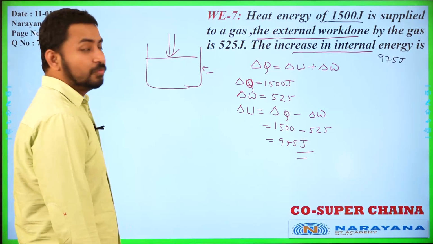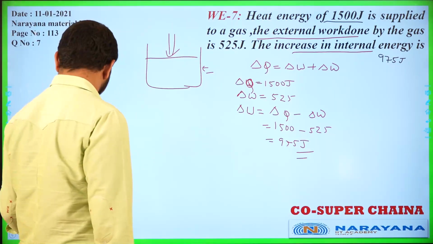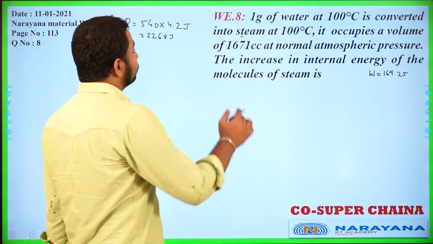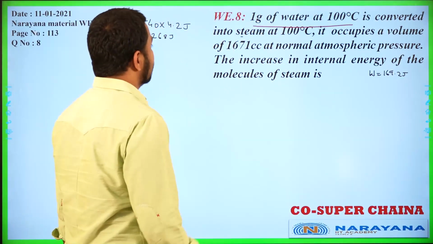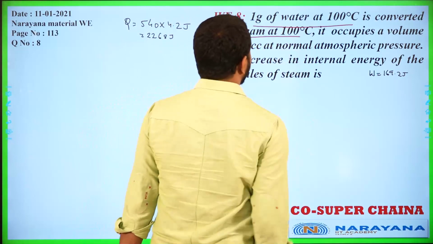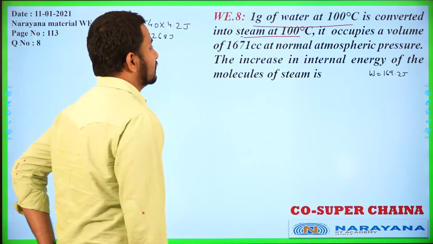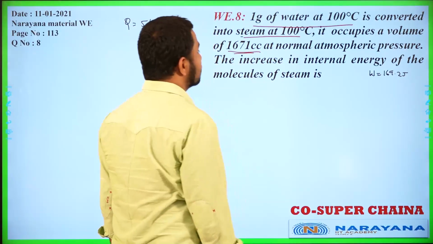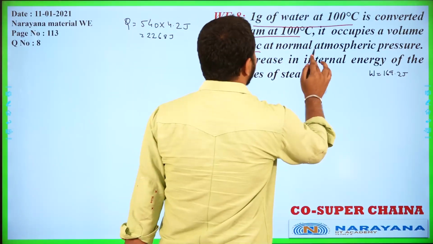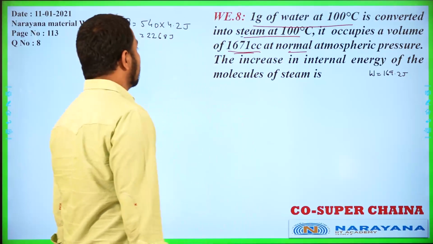So let's move to the next question. Here 1 gram of water at 100 degrees Celsius is converted into steam at 100 degrees Celsius. It occupies a volume of 1671 cc at normal atmospheric pressure. The increase in the internal energy you have to find.